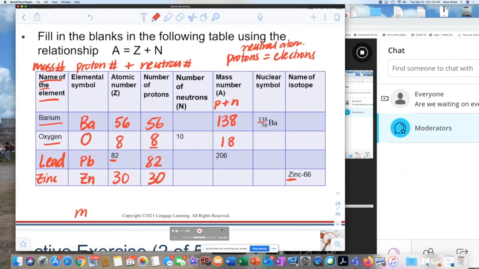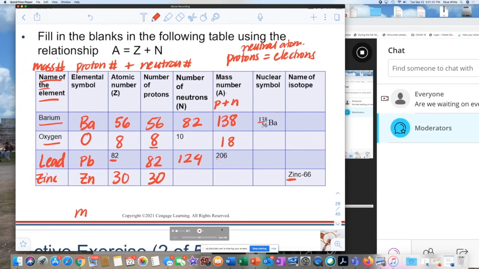So for barium, 138 minus 56. 138 minus 56 equal 82. And then for lead, 206 minus 82, 124.